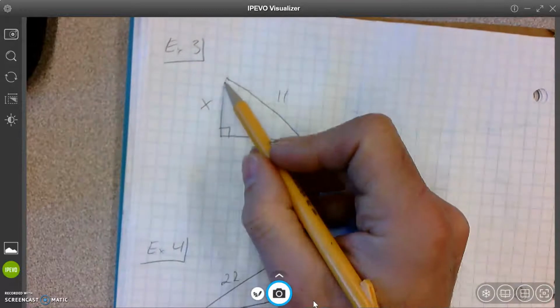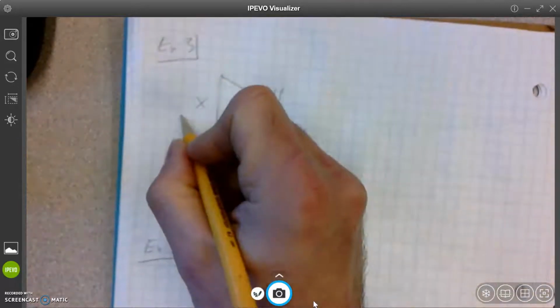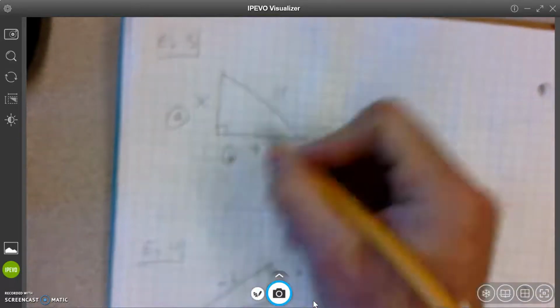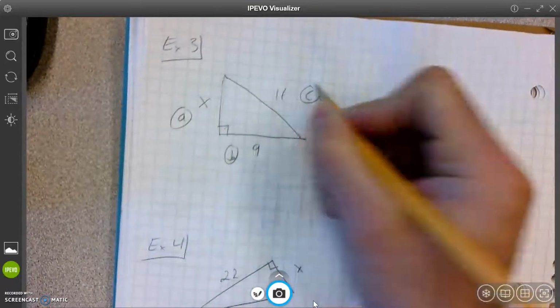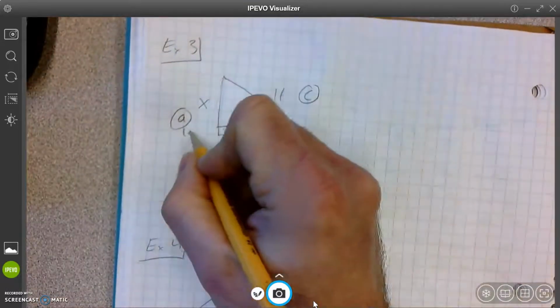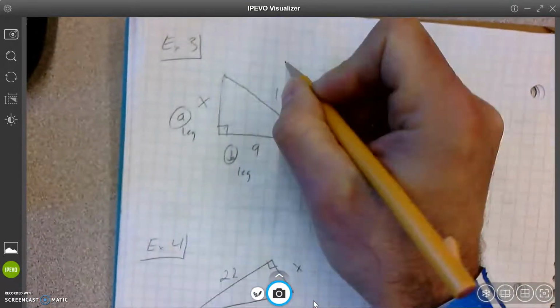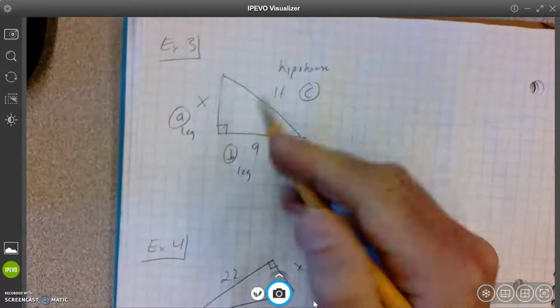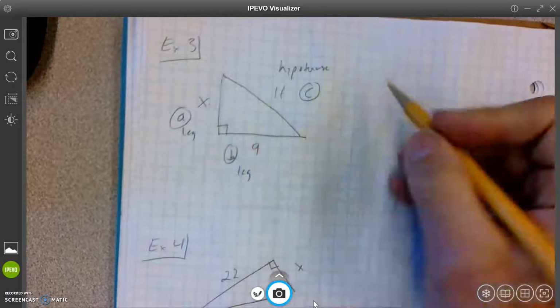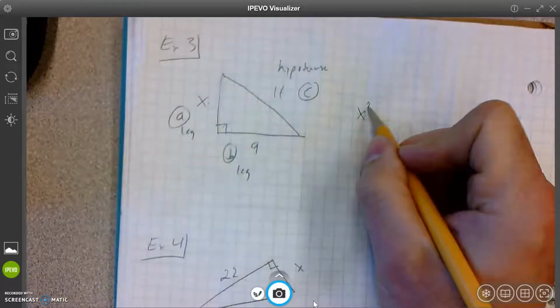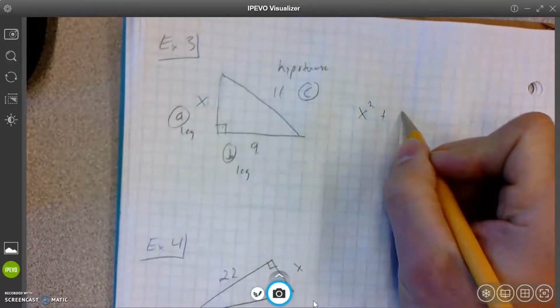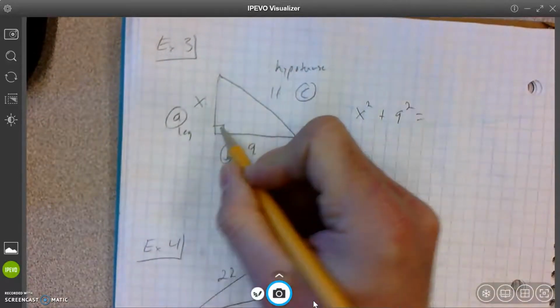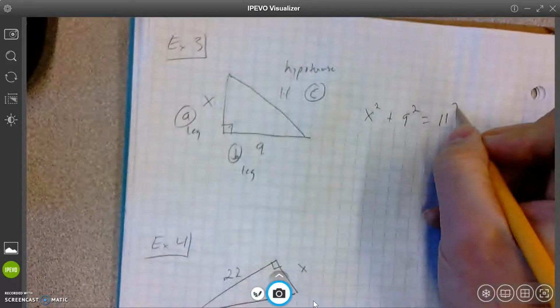Ooh, yeah, you have a leg you're trying to find. So let's call this A, this B, and then hypotenuse, opposite the right angle, is C. Leg, leg, hypotenuse. There you go. So now my equation is going to be x squared plus 9 squared equals hypotenuse squared, 11 squared.